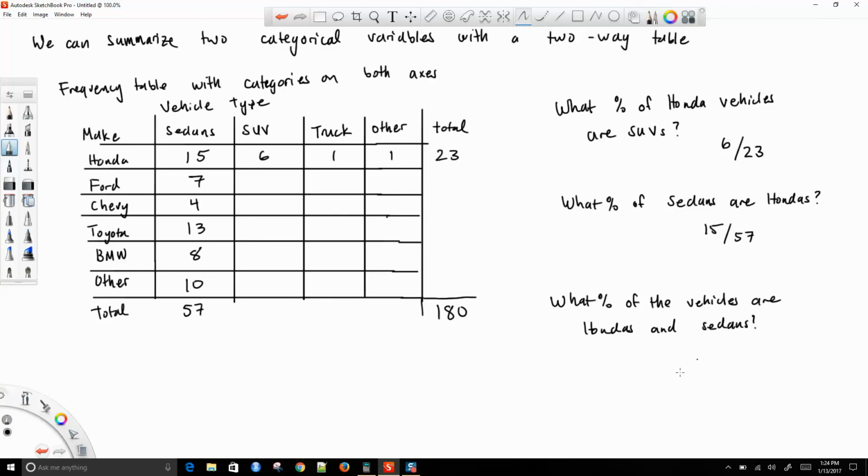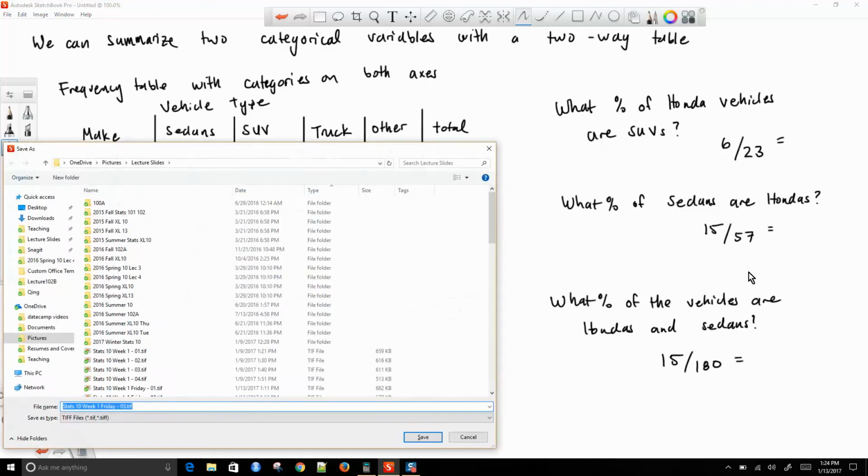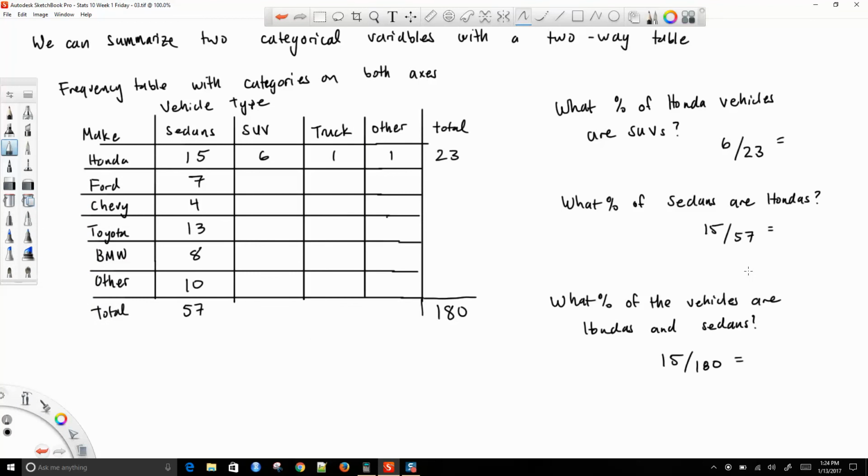And our answer there would be 15 divided by 180, as some kind of percentage. And so while these questions look rather similar, the number we put in the denominator depends on how the question is asked. Is it speaking of the total number of Honda vehicles, total number of sedans, or the total number of all vehicles? Okay.